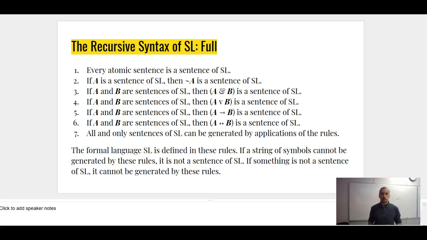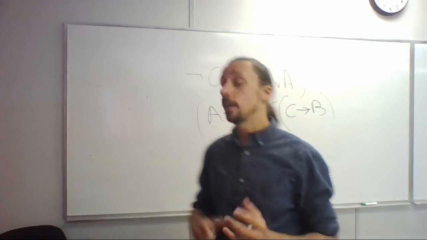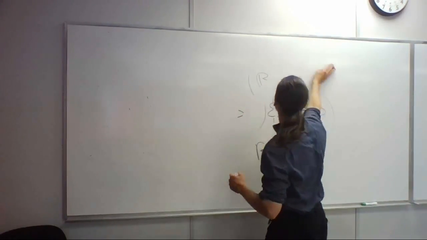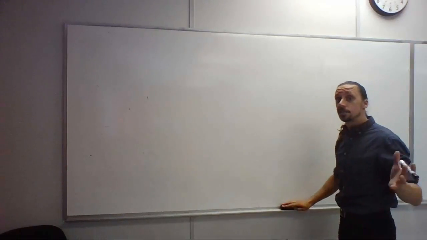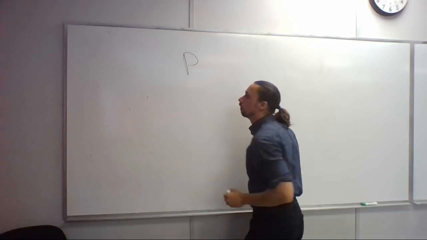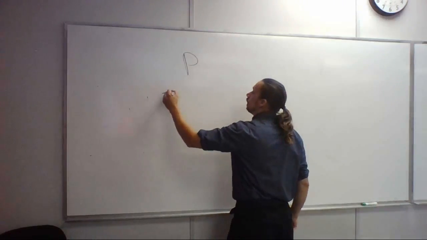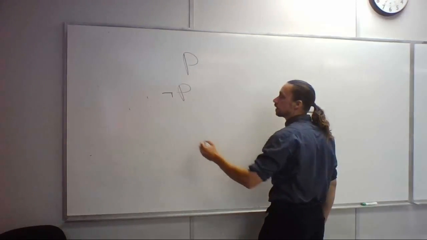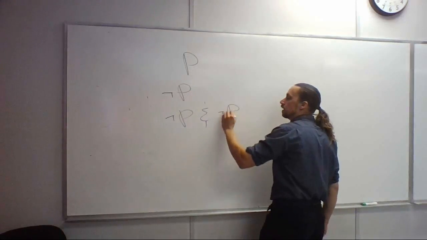So let's do a couple of examples here, just to make sure we understand this abstract notion of a recursive syntax. All right. So every atomic sentence is a sentence of SL. Let's choose an atomic sentence like, I don't know, P. So this is a sentence of SL. If P is a sentence of SL, not P is a sentence by rule 2. If not P is a sentence of SL, then not P and not P is a sentence, right?